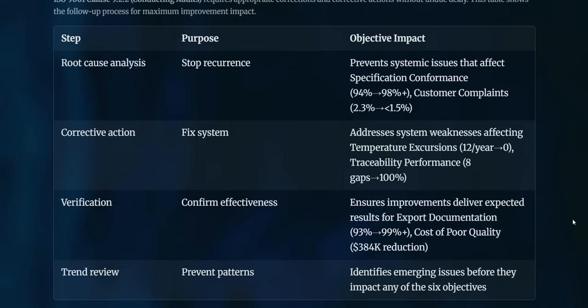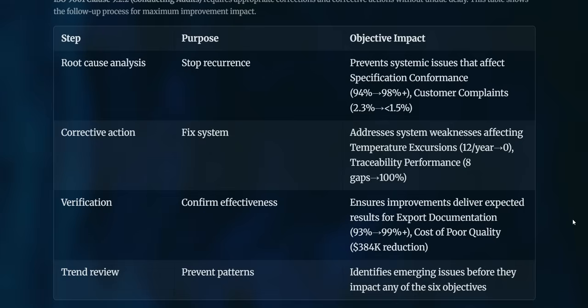The third step is verification. Verification's purpose is to confirm the effectiveness of applied corrective actions. The objective impact includes ensuring improvements deliver expected results for export documentation accuracy objectives and reduction of cost of poor quality.